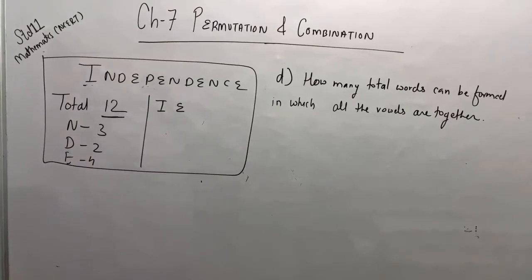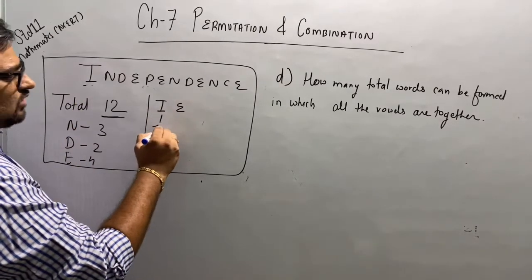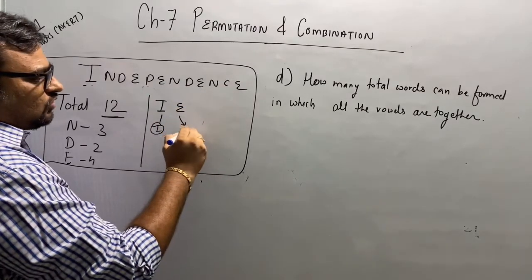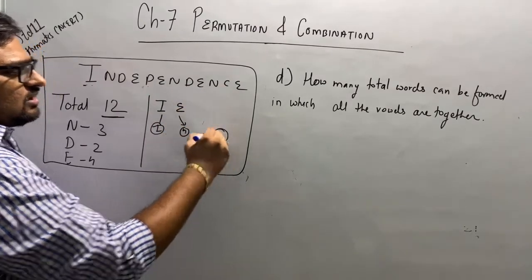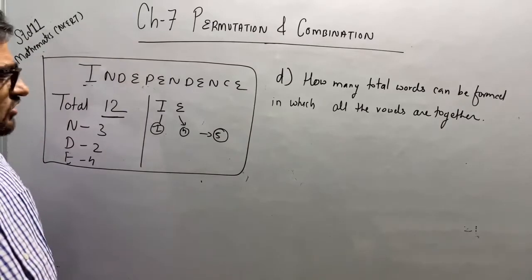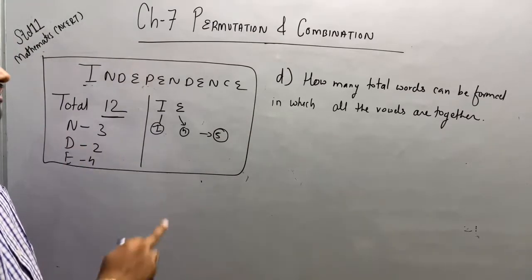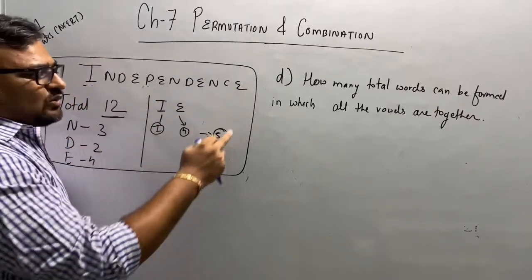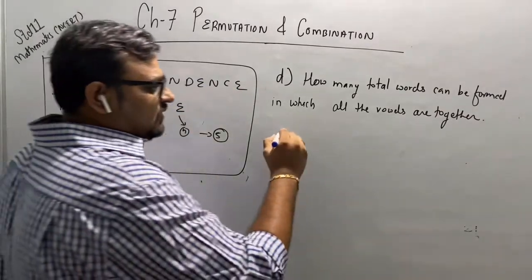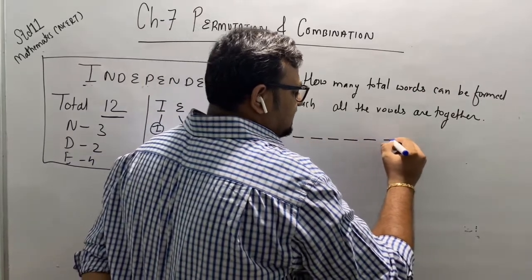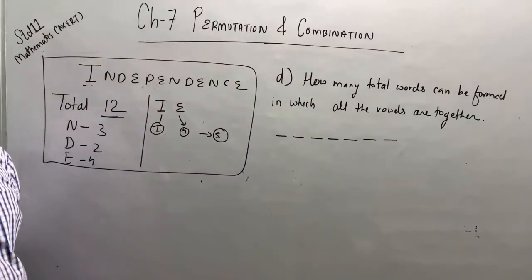Clear? So now, what will you do? I only one, E one, two, three, four, four. So total five. Okay, total I am having five. So now what we should do? Total it was 12. 12 minus 5, 7. 1, 2, 3, 4, 5, 6, 7. Clear?